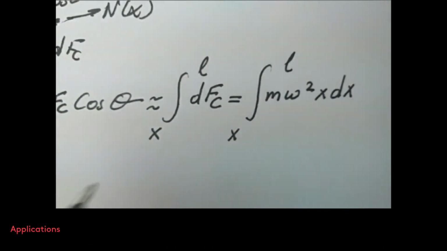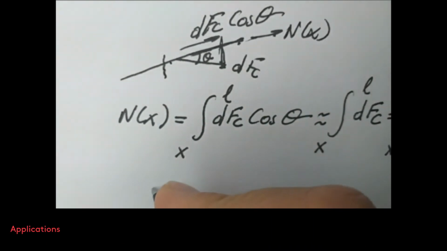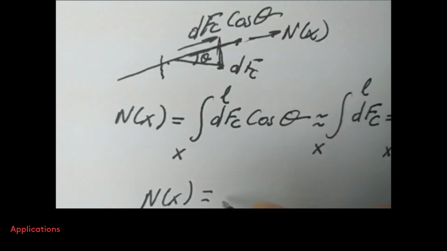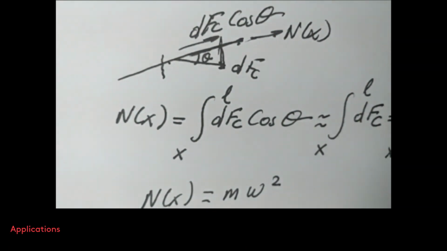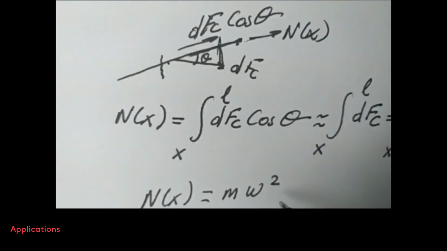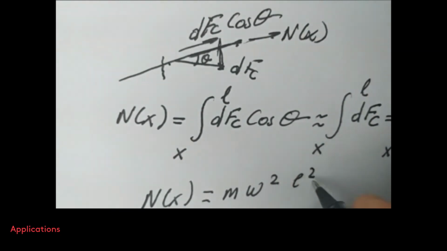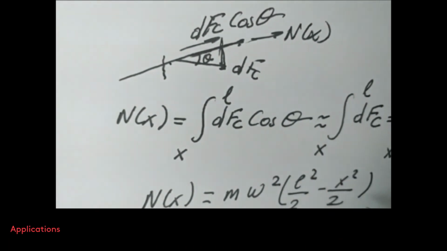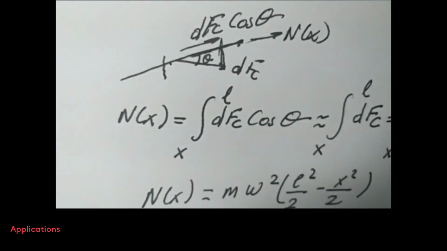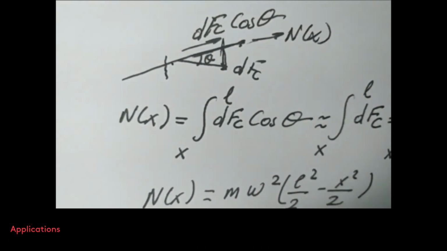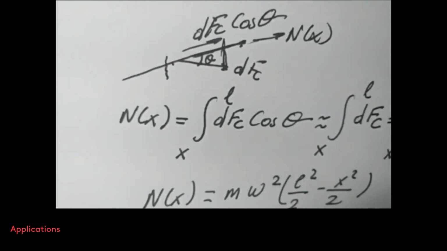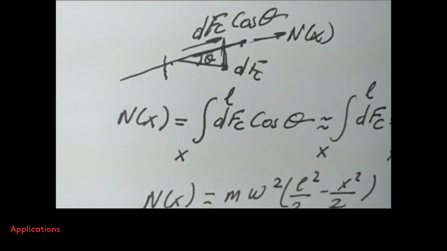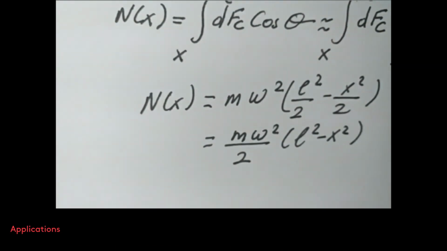For an arbitrary location, N of x is equal to m omega square times L square divided by 2 minus x square divided by 2, or m omega square divided by 2 multiplied by L square minus x square. So this is the normal force distribution acting on the blade.